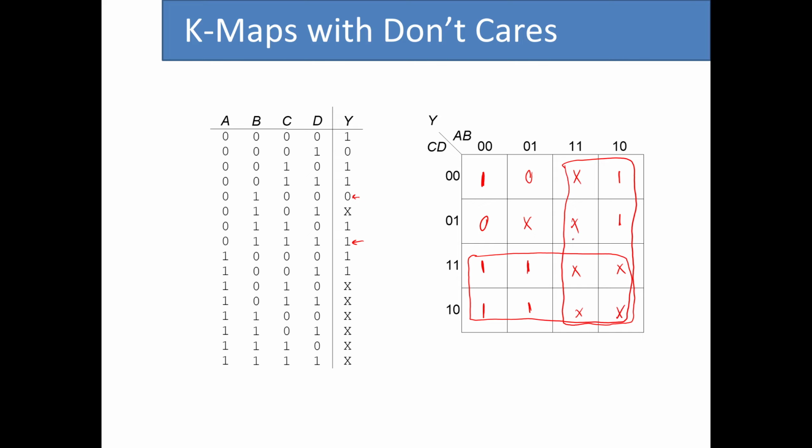So as you can see, I consider these don't care values to be 1, right? Since they are don't care, we basically don't care about their values. So if assuming that the values are 1 can help us simplify the function, I will do that.